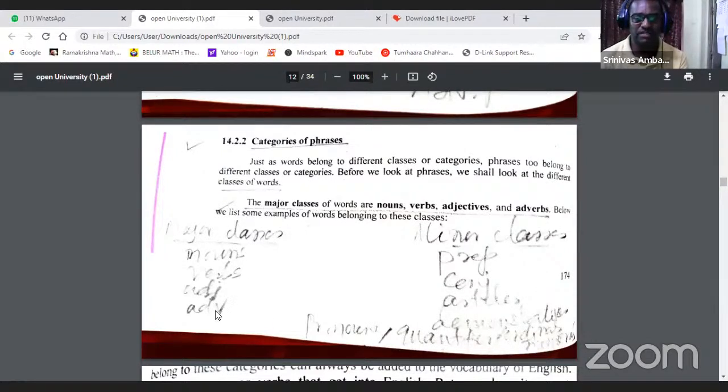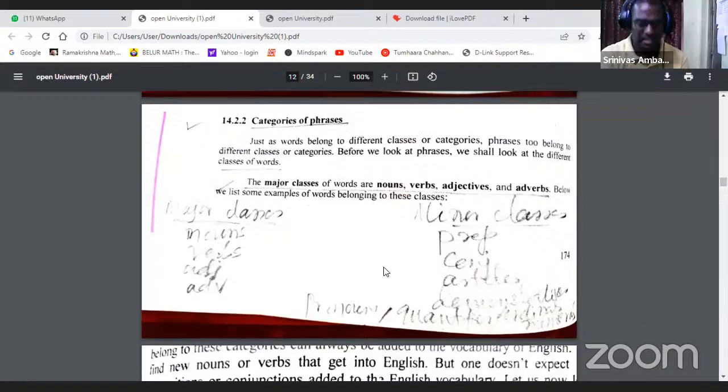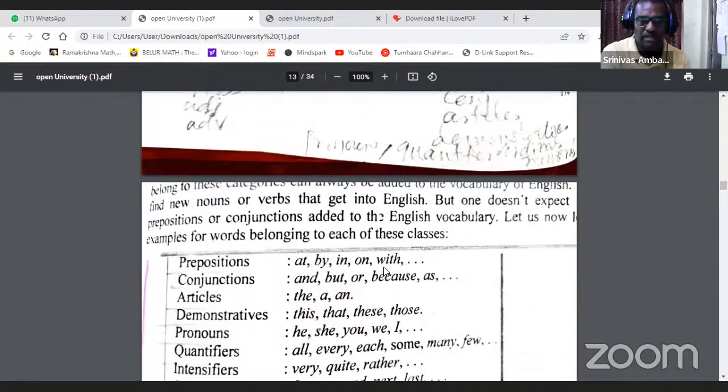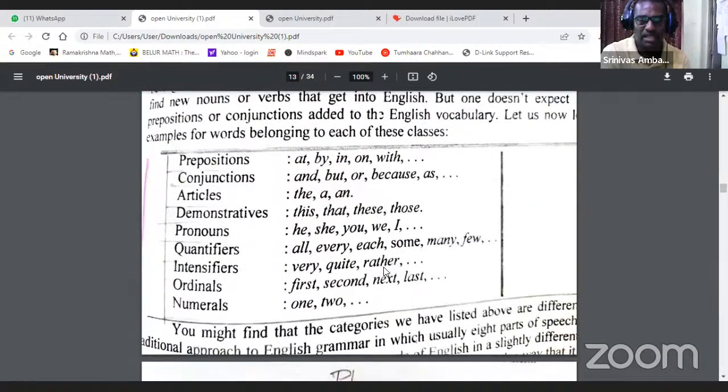And then you also have the major classes: nouns, verbs, adjectives, adverbs. Then in the second group, prepositions, conjunctions, articles, etc. This is on page number 174. On page 175, you have a very important one.